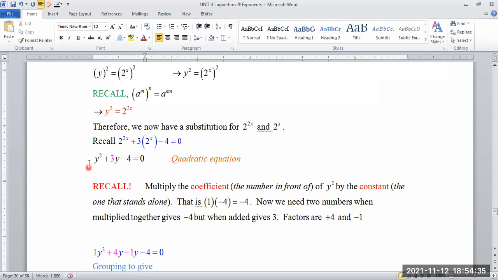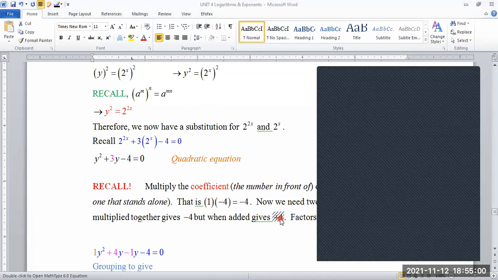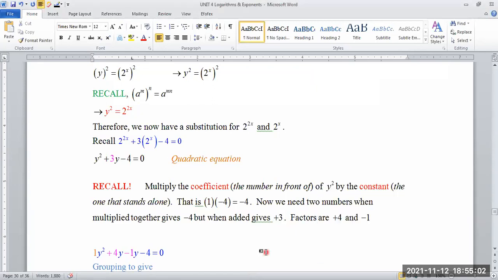So I'm going to multiply 1 by -4 to give me -4. Now we need two numbers that, when multiplied together, give -4, but when added, give +3, the +3 in the middle.